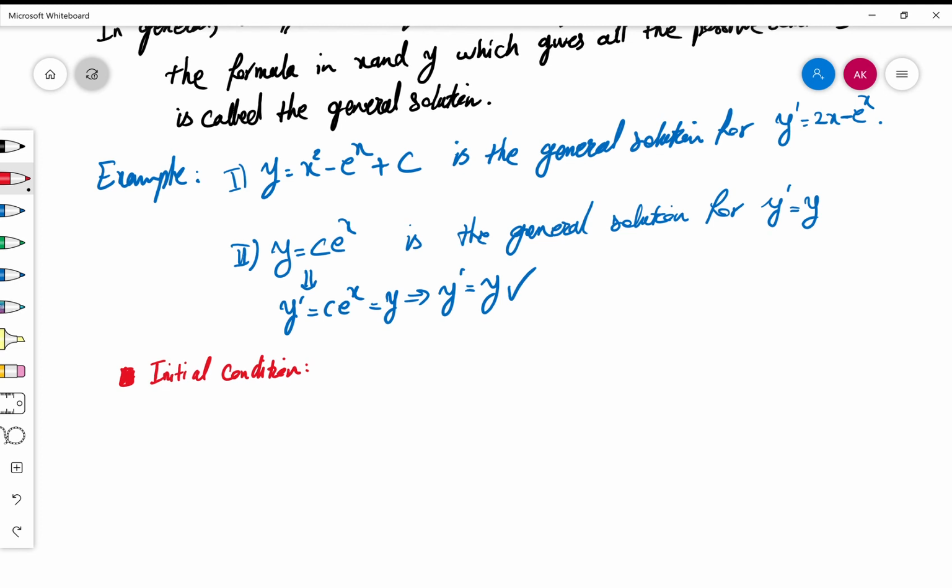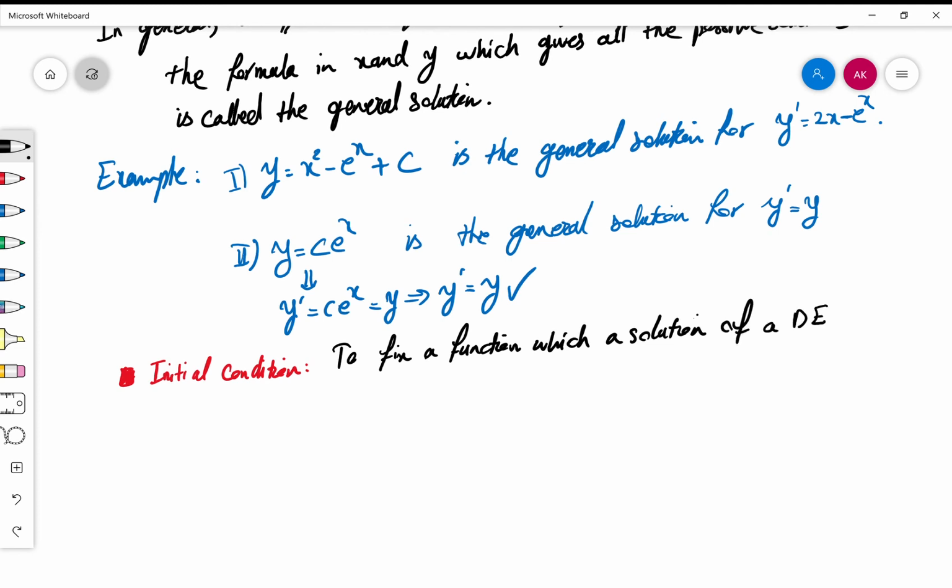So to fix a function which is a solution of a differential equation, we need to impose more conditions.